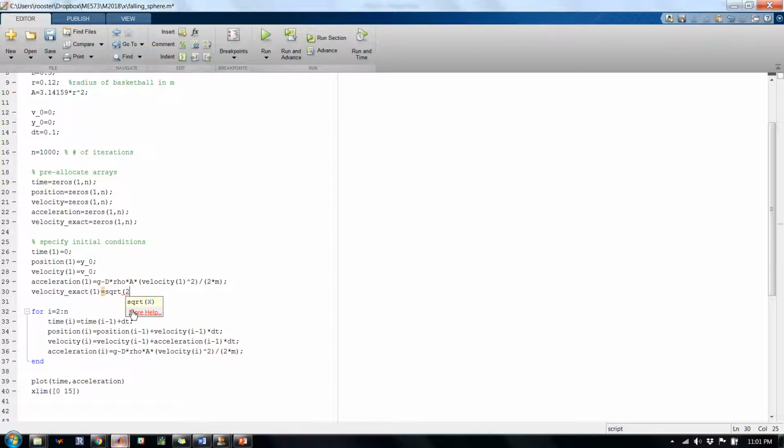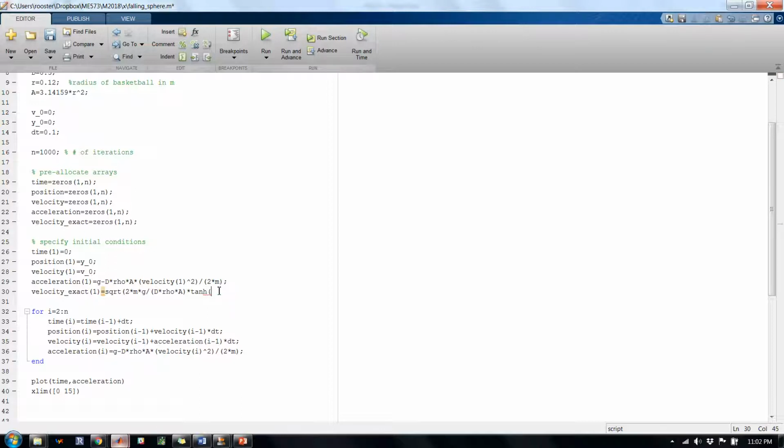So it's 2 star m star g divided by, now I have to do a quantity here, d star rho star a. That's going to be times the hyperbolic tangent, and Matlab has a built-in hyperbolic tangent function, so we can just call it TANH.